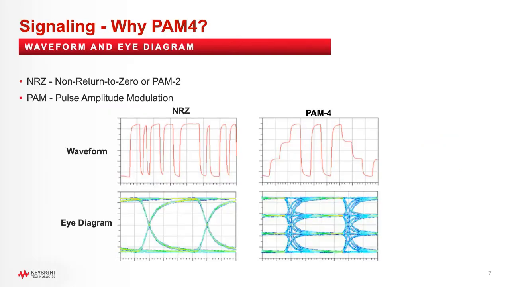All right, now let's take a look at PAM4 signaling, its characteristics, advantages, and disadvantages. We compare NRZ, which is non-return to zero, or PAM2, against PAM4 here from waveform and eye diagram perspective.